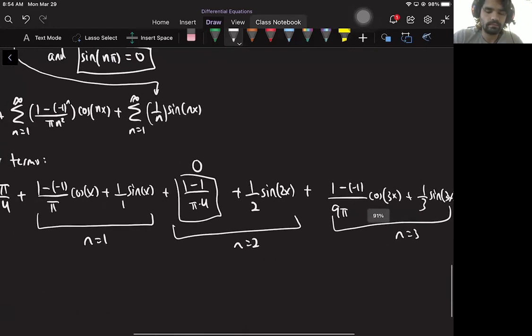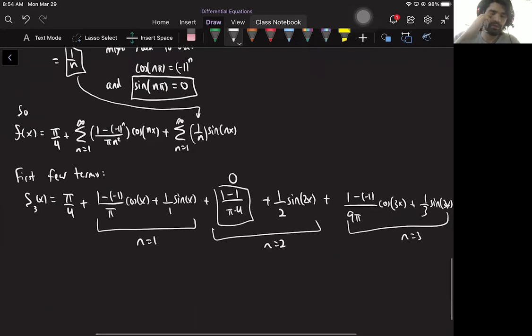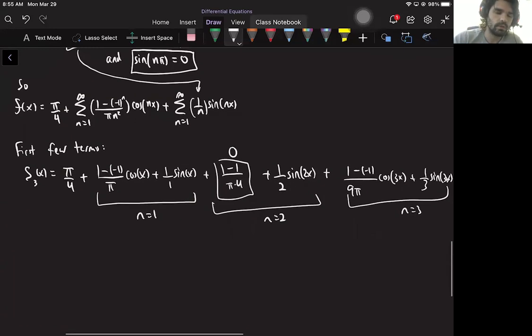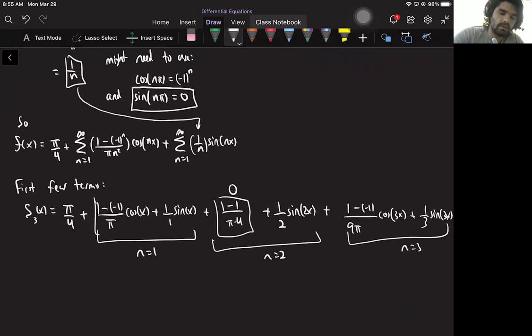So this is just the first few terms as a function added together. This reduces a bit, by the way. So this is really just 2 over pi on that side, and this is just 2 over 9 pi.